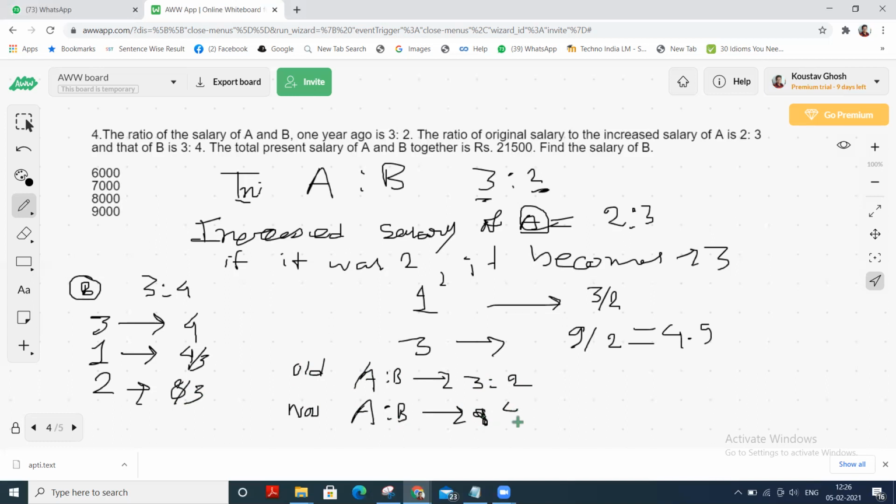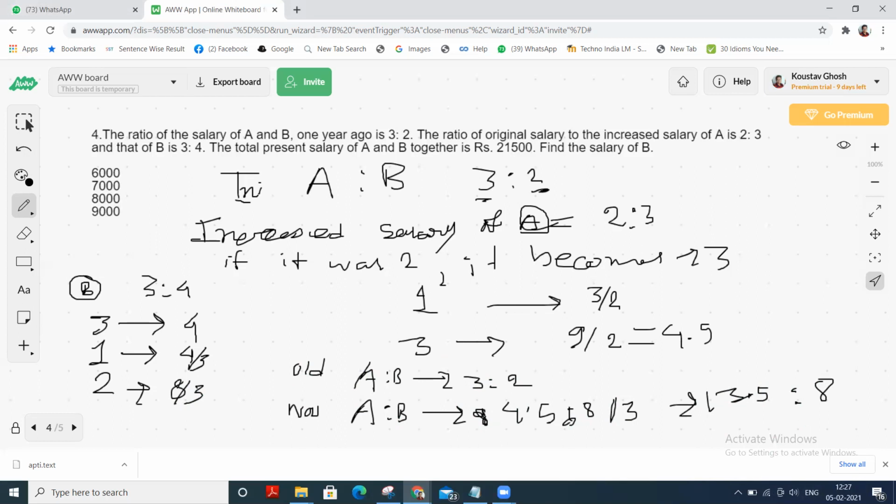Sorry, 4.5 is to 8 divided by 3. Okay. So multiply 3 with 4.5. So 13.5 is to 8.